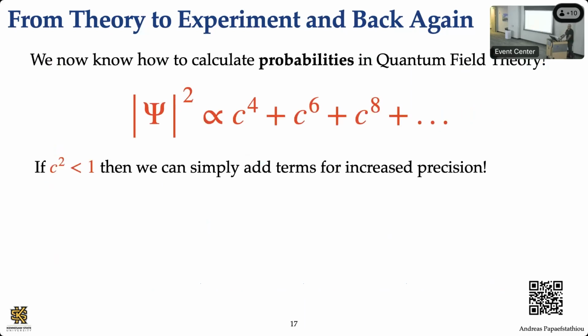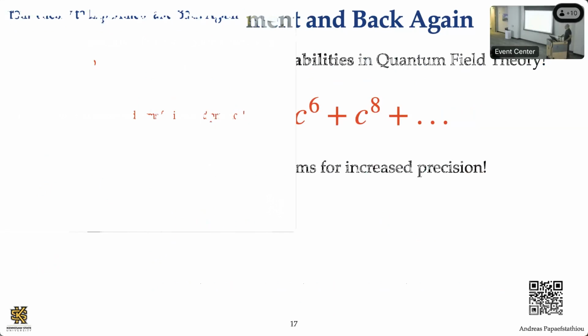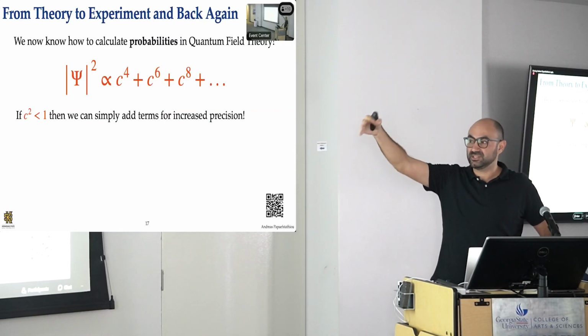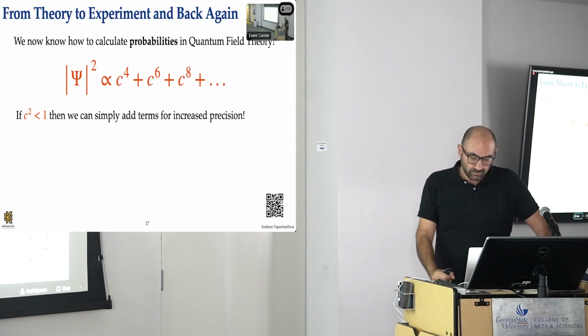Then you sum up over all of these diagrams. And the nice thing is, if C squared is less than 1, then you can add all the diagrams that correspond to C to the 4, C to the 6, C to the 8, but then I stop here, and I have maybe a good description of what I'm trying to calculate. So you can truncate that expression if C squared is less than 1.